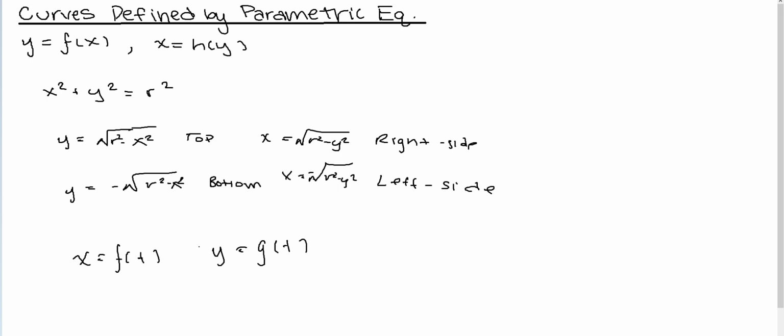So now, having a function, we know that (x, y) is equal to (f of t, g of t). And now this allows us to account for the entirety of a circle. So we would have not only the top but also the bottom, and not only the right side but also the left side.